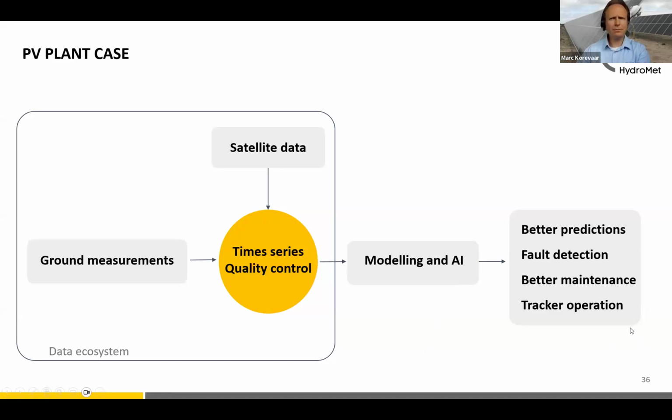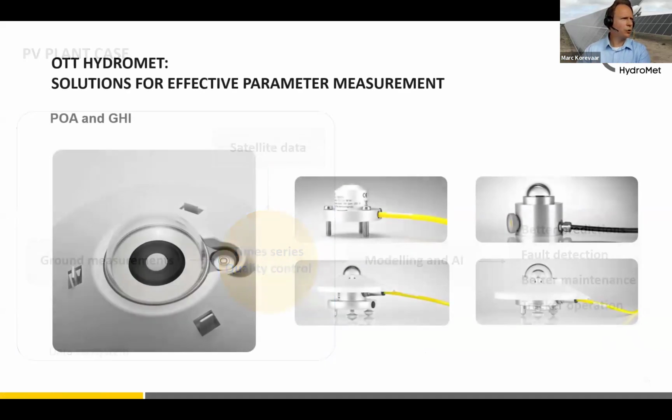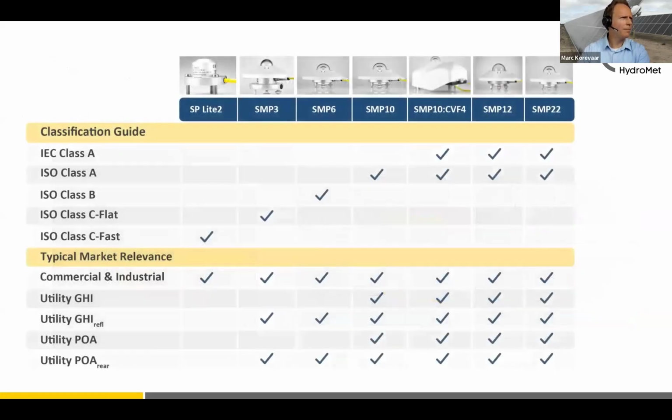And that, we believe, will help do a good job of maintenance. And to show some of the instruments that Alt-Hyderman makes for accurate measurements of these parameters, we have here an overview of the different parameters for the different applications and the different accuracy classes.